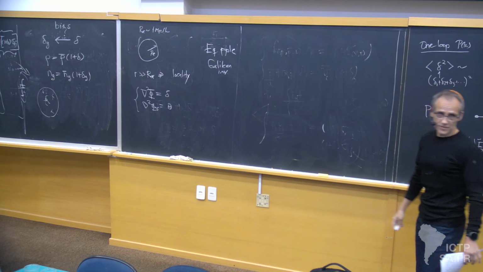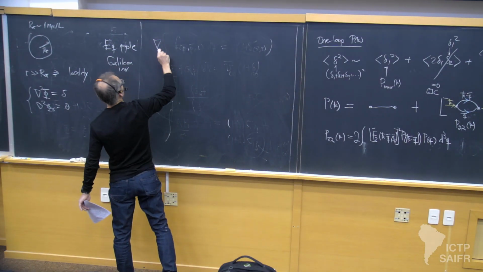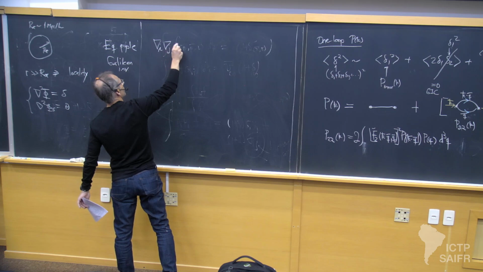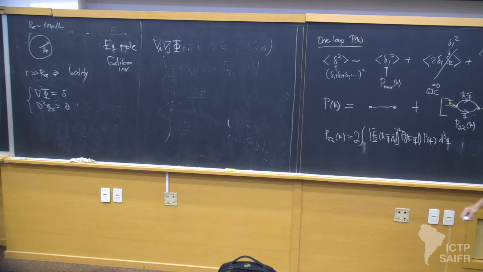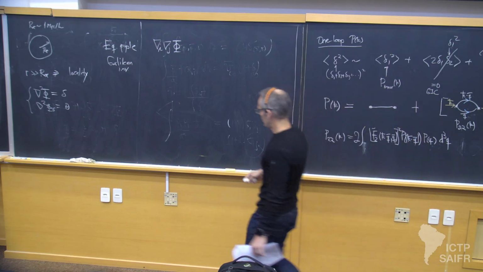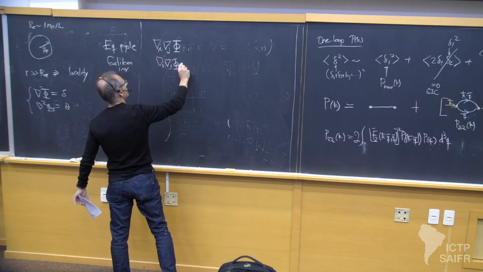The equivalence principle says that the gravitational potential has to appear at least with two derivatives. And Galilean invariance says the same for the velocity potential.